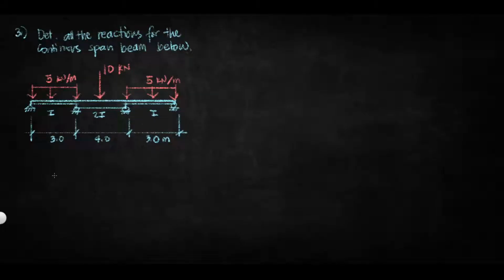Okay, for example number 3, we have here a continuous span beam, 3 span exact, and we're going to determine all the reactions for the continuous span beam below. As you can see, for this example we're going to solve using the moment equation when the beam is non-prismatic.